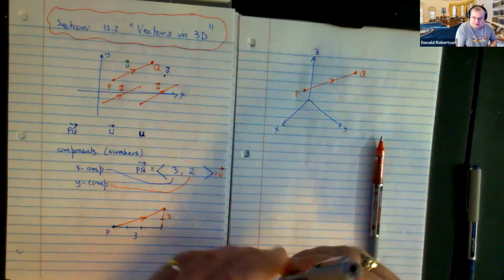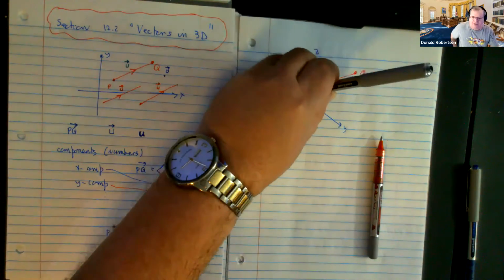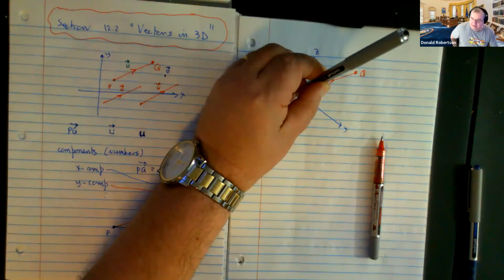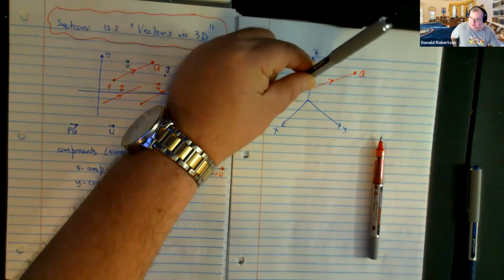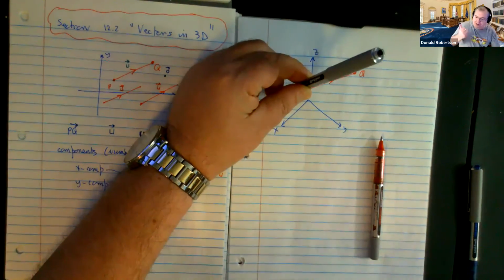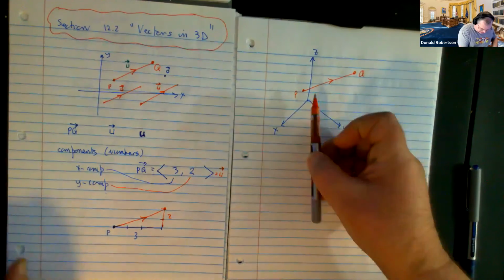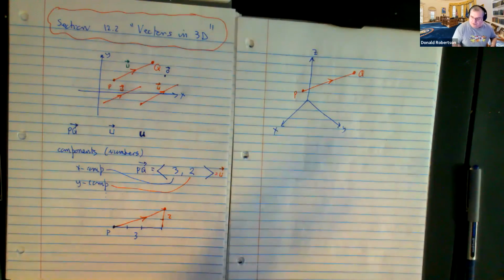So a 3D vector is like that. Can you imagine PQ is actually this pen, right? So it's popping out of the paper, right? So think of this as a 3D line, right? Not a 2D line anymore, right?